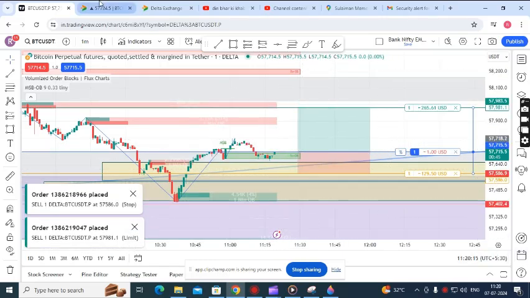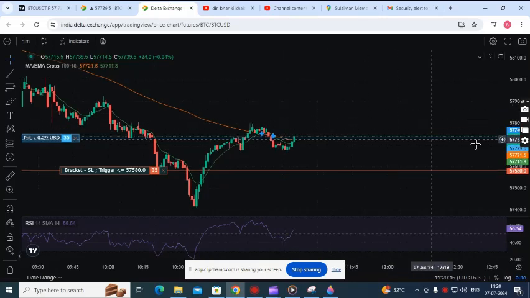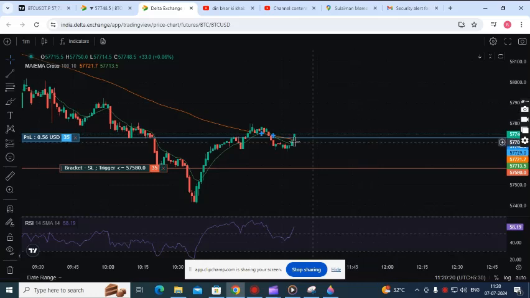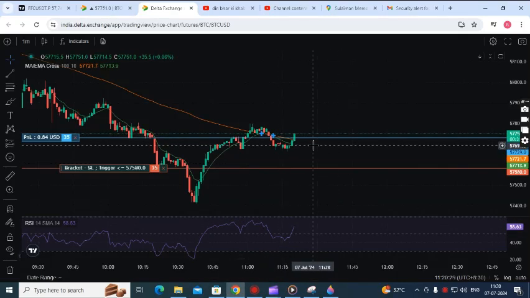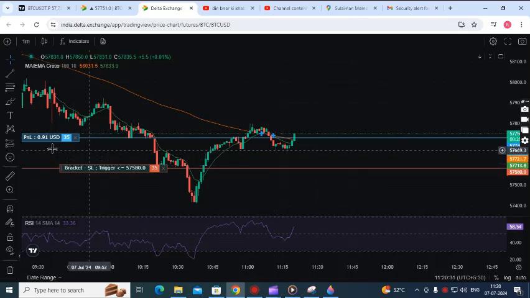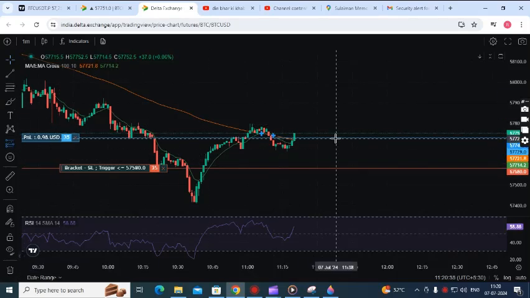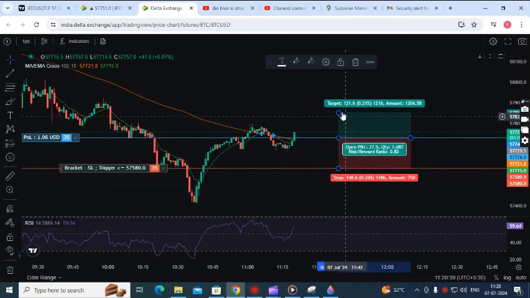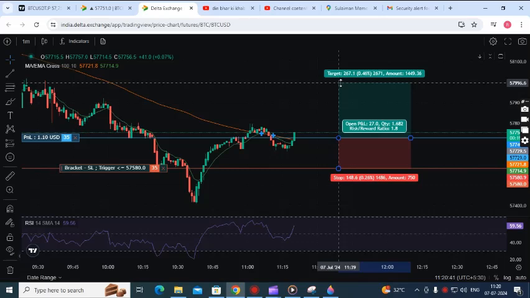At the same time, I have taken a trade in my personal actual account with a small amount. Here it's a very high margin I have used, and this is my stop loss here. And from here also, if we want to take a 1:2 trade, then we have to put a stop loss as well.